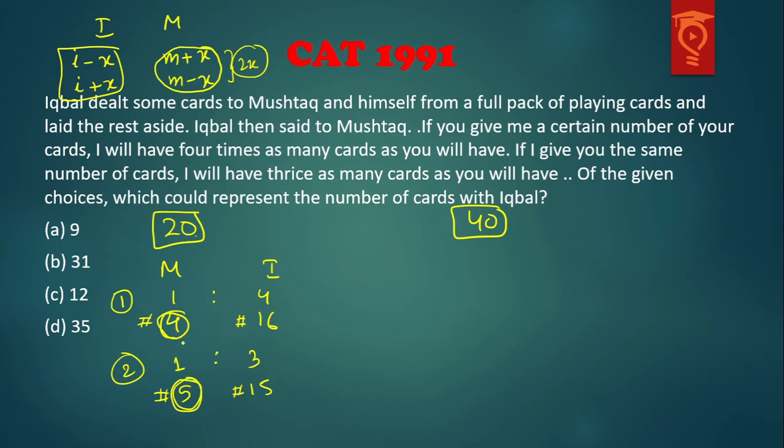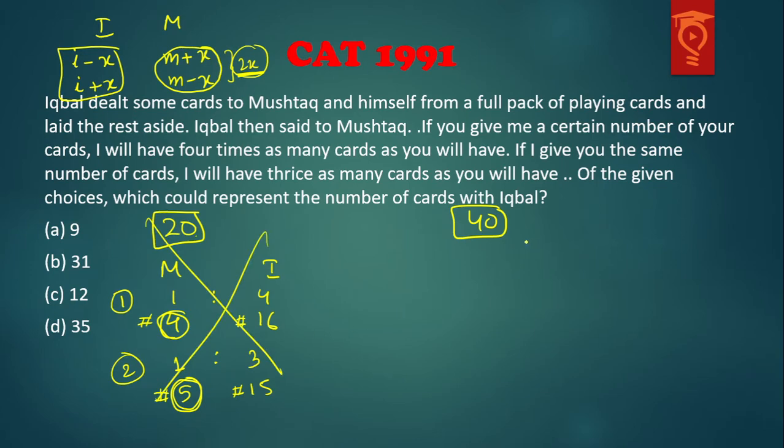We just discussed that the difference must be an even number. Here the cards differ only by 1, which means half a card was transferred, which is not possible. So 20 is not a possibility, and we are now approaching our sure shot answer.